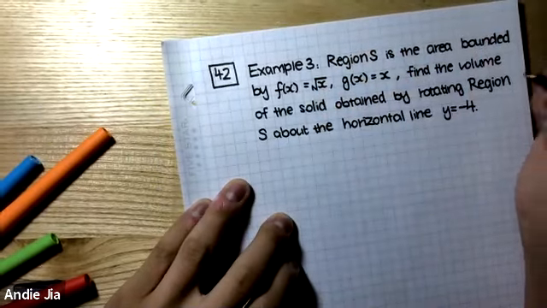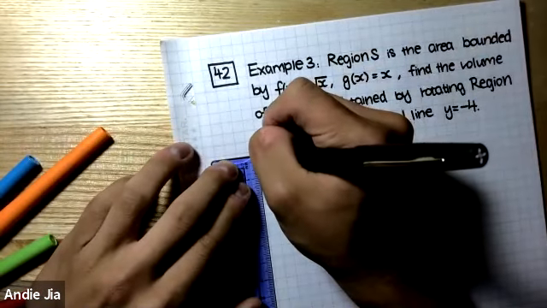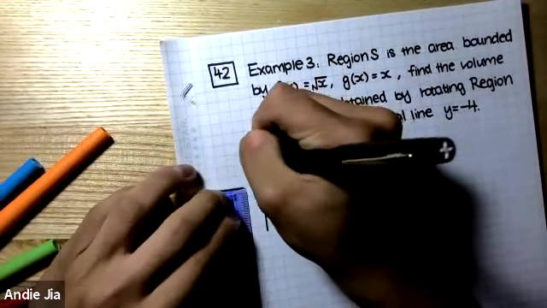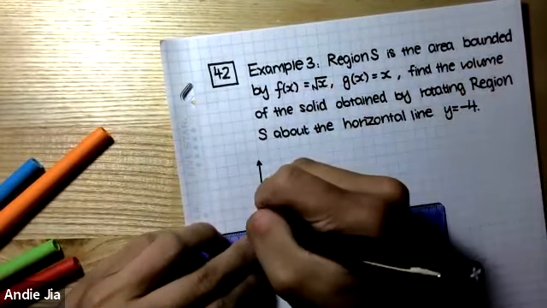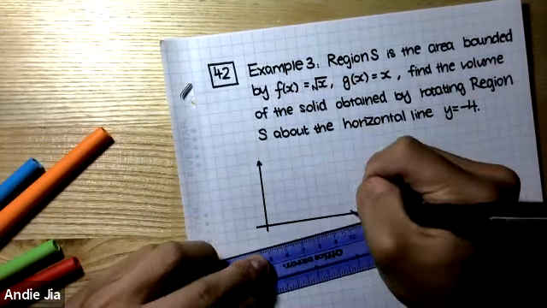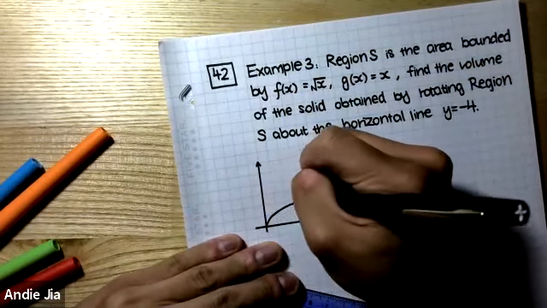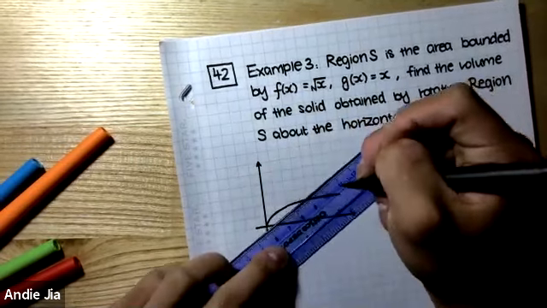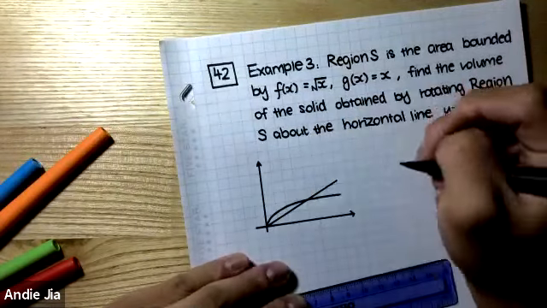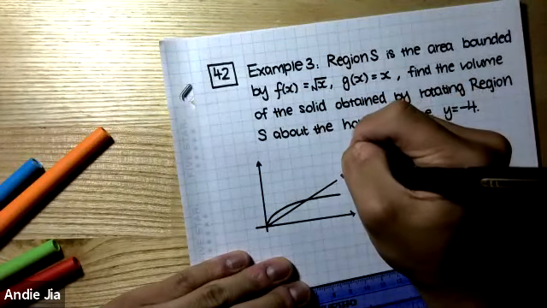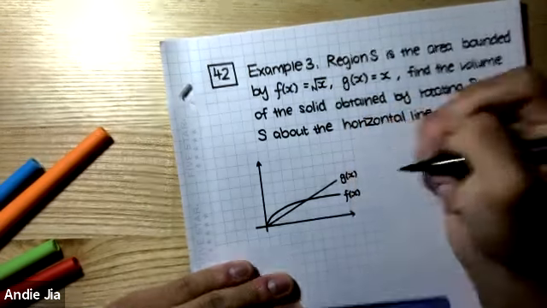We need to find the outer radius and inner radius. The square root of x should look like this. Y equals x should look like this. This is g of x, this is f of x.